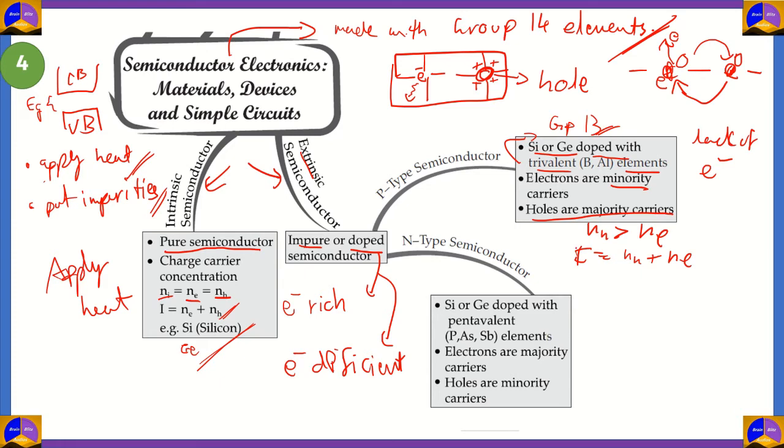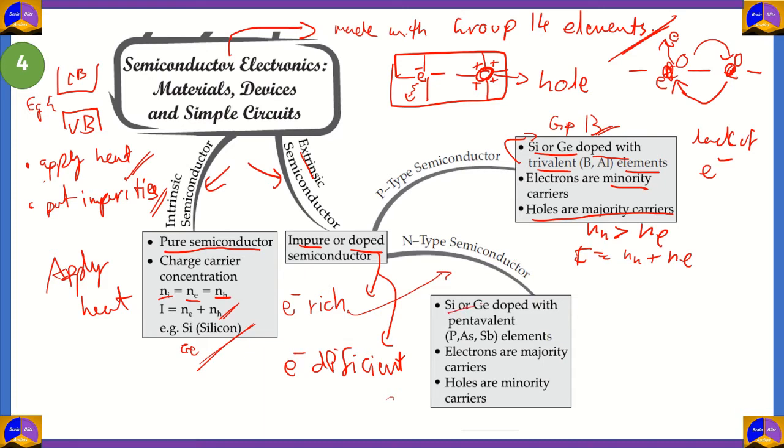You essentially dope it with an electron deficient impurity, and then the electrons move in, which leaves holes as the majority carriers in p-type semiconductors. The other end is when you dope the semiconductor with electron-rich impurities. This is where n-type semiconductors come in.